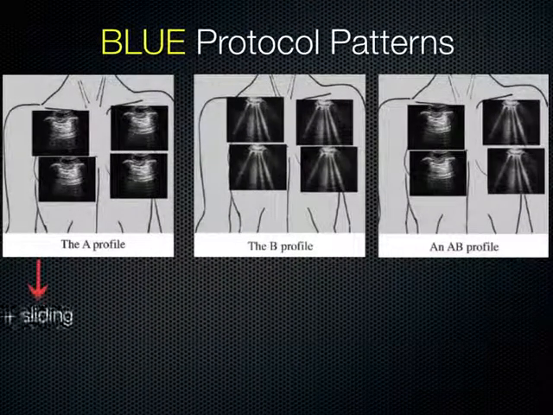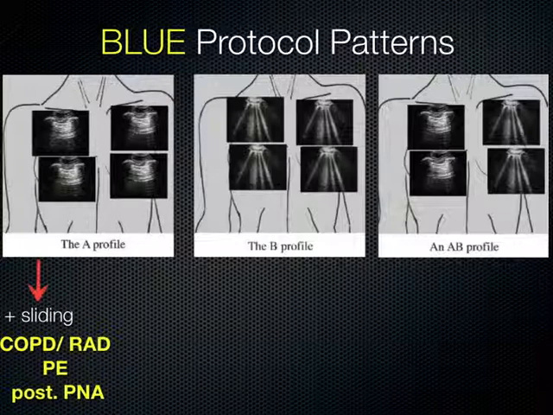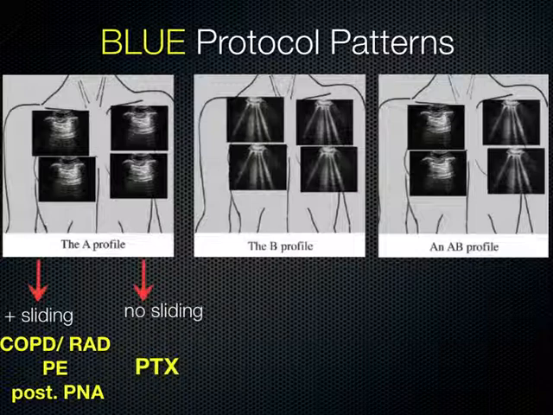Here are some examples. If you have a predominant A profile with A lines on both sides and sliding, then this turned out to be COPD, reactive airway disease, PE, or a pneumonia in the posterior fields. Without sliding, pneumothorax was often the diagnosis.